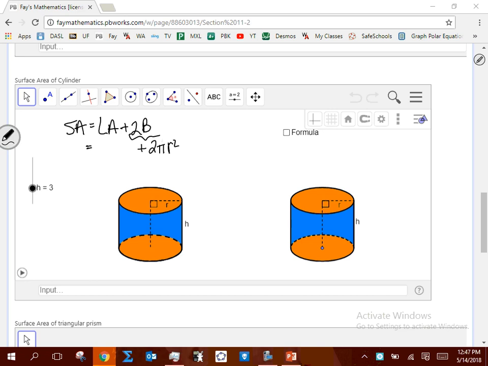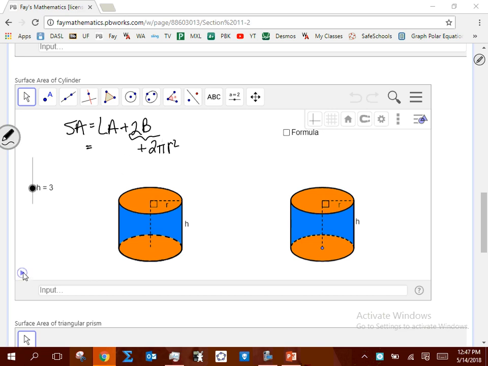If it's a triangular prism versus a pentagonal prism versus an octagonal prism, those formulas change a little because the bases are changing. But if I have a cylinder, the formula for surface area is the same no matter how big or small that cylinder is. Does that make sense? So we can have a specific formula for this. But now we have to figure out what LA is.